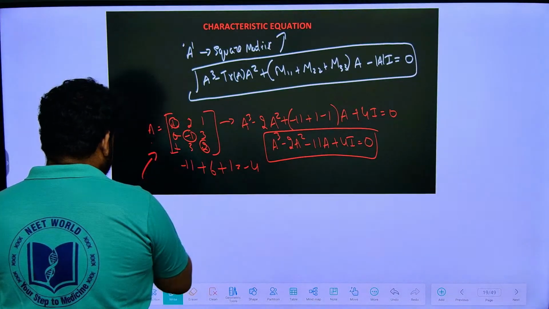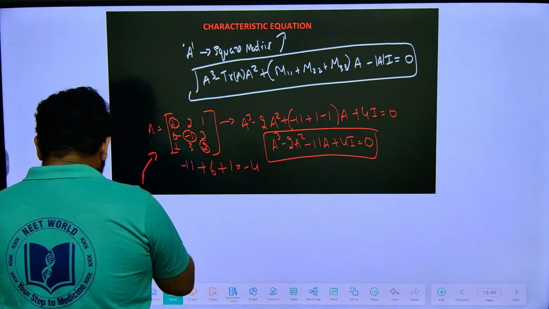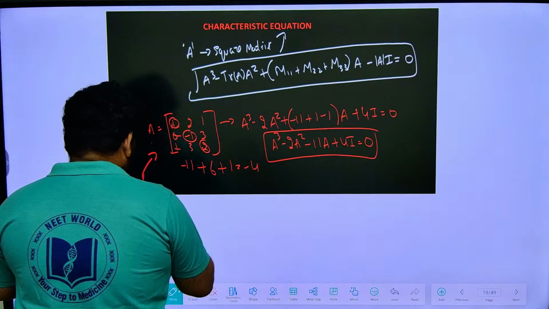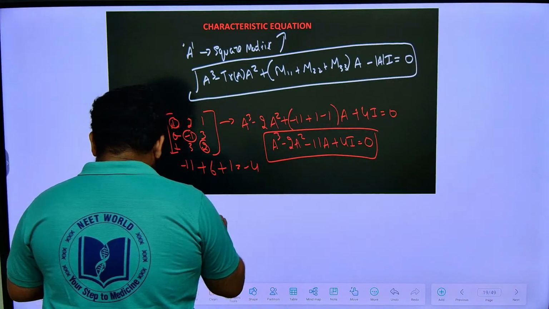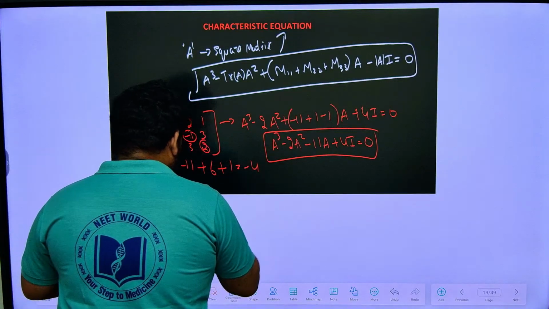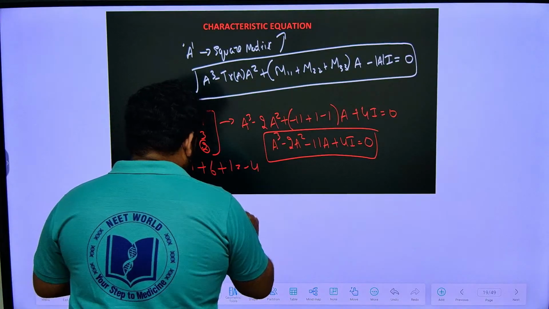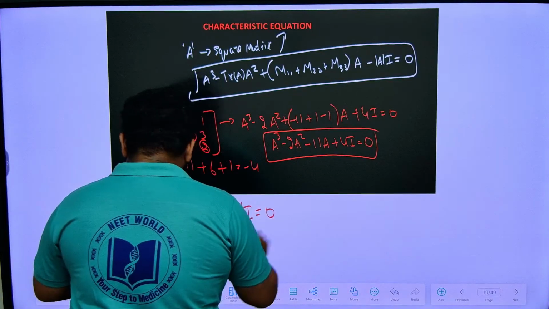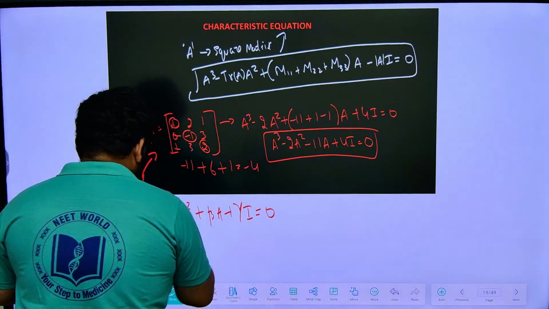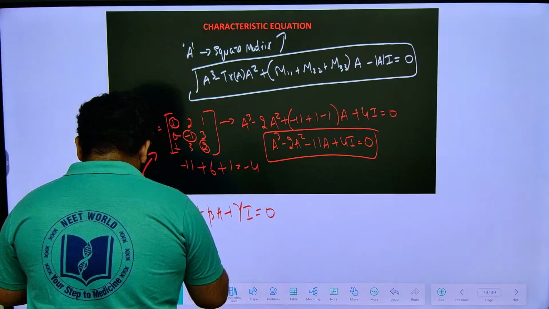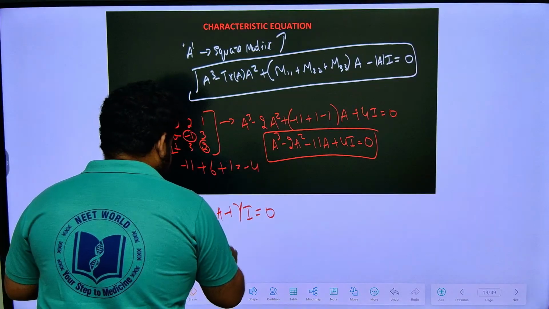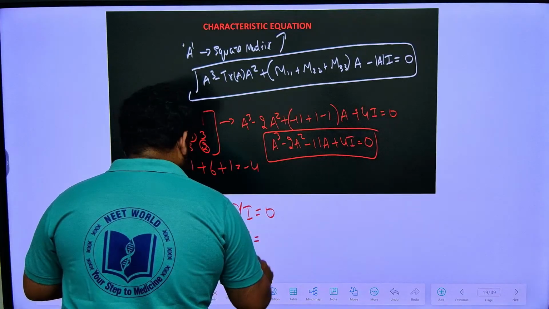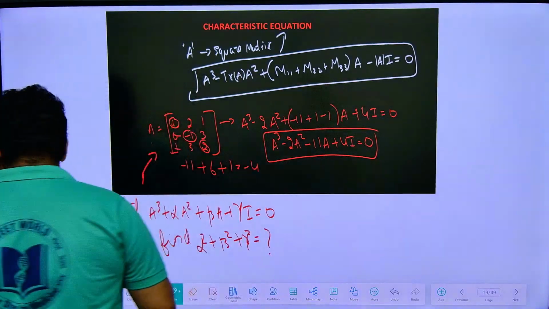For this matrix, if a cube plus alpha a square plus beta a plus gamma into identity matrix is equal to 0, they will ask us to find alpha square plus beta square plus gamma square. They will ask you to find this value.